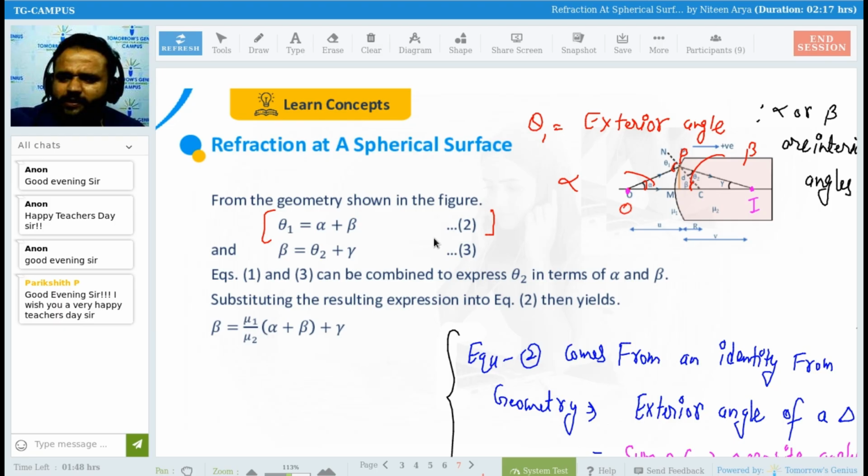Okay, then after that it is very easy. We are not going to do much about it. Then beta2 equals theta2 plus gamma, same again.